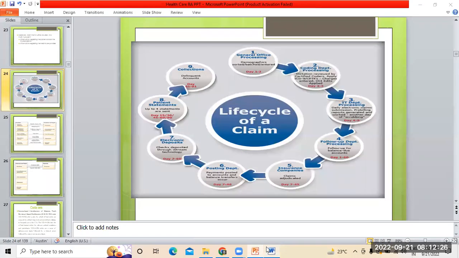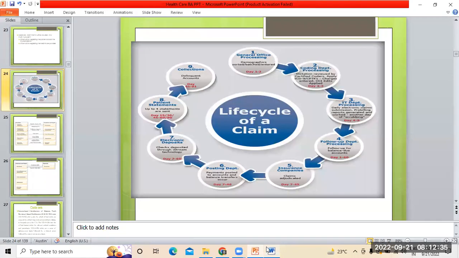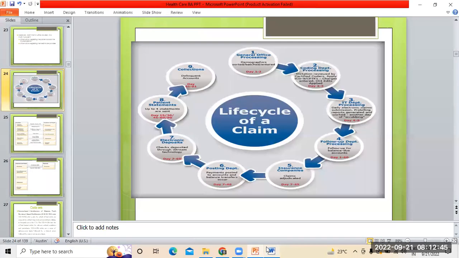Next, electronic deposits, followed by patient statements.